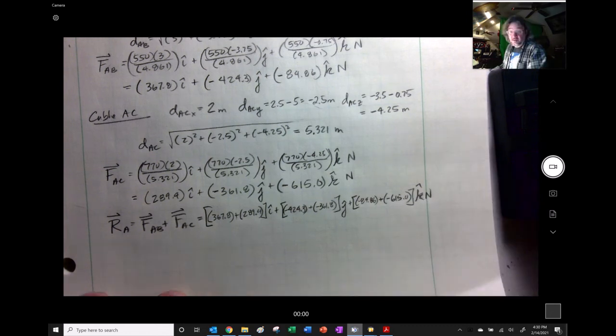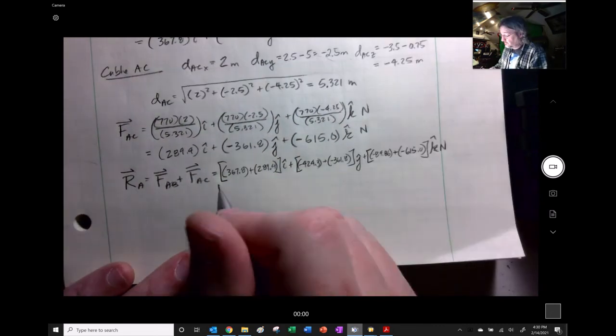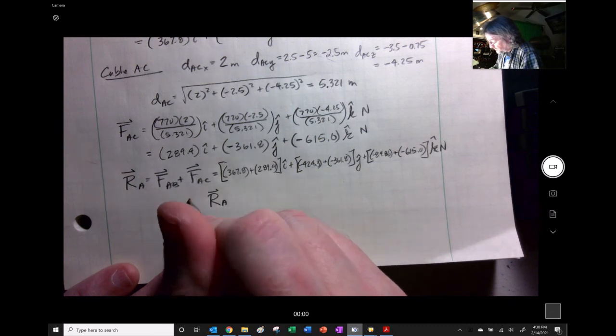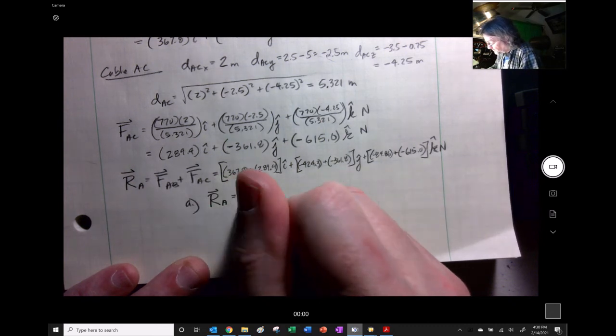The k is looking kind of ugly. So our reaction at A, I'll write this one out just to write it once.